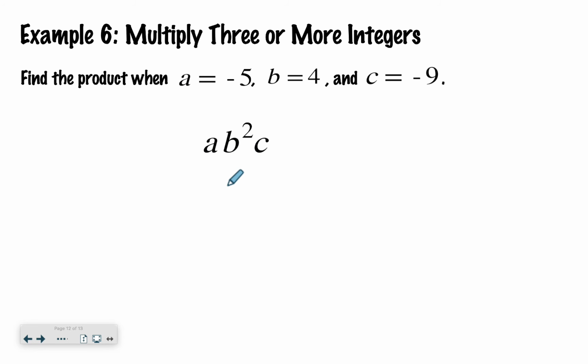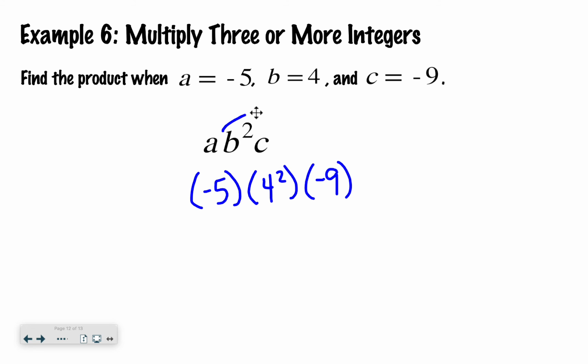And our last example is find the product when A equals negative 5, B equals 4, and C equals negative 9. So I'm going to say negative 5, and then 4 squared, and negative 9. The first thing I'm going to do is solve this power, this exponent. 4 squared is not 4 times 8. Remember, that means 4 times 4. The 2 tells you how many 4s you multiply together. So 4 squared is 16.